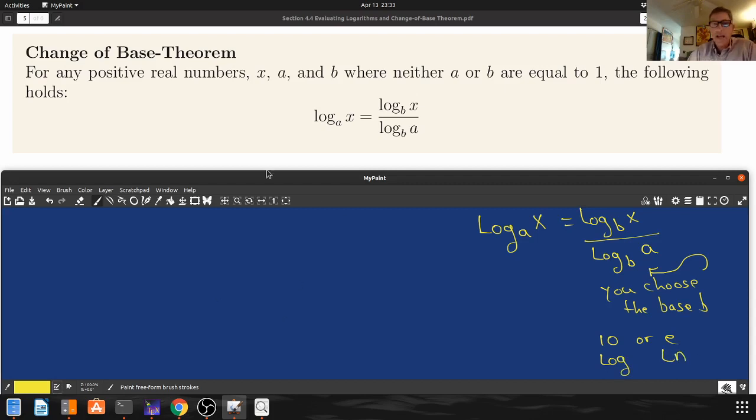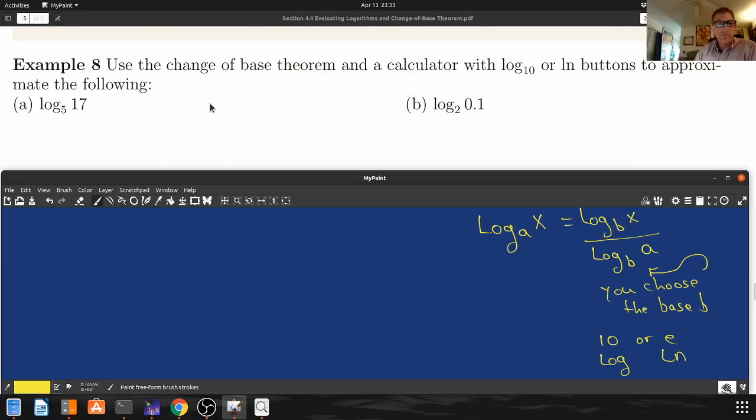We're asked to find the value of log to the base 5 of 17. For this one, let's use the base 10 log. That's going to be the base 10 log of 17 divided by the base 10 log of 5. So let's calculate that.